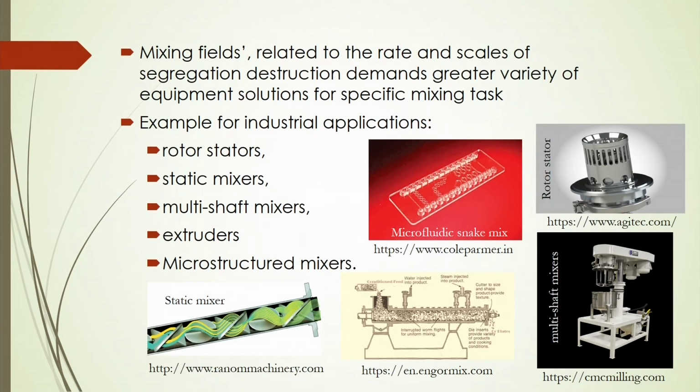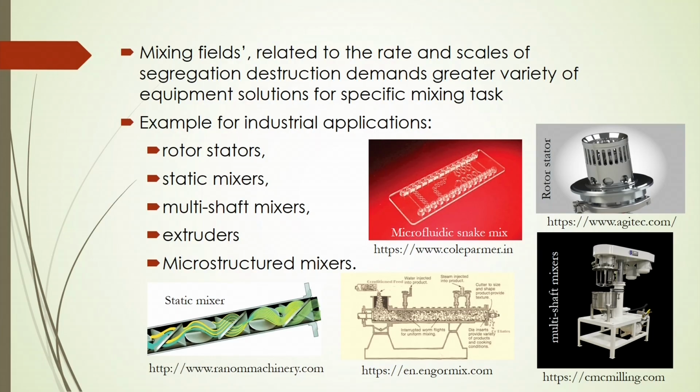Now, one important term is called mixing fields, which is related to the rate and scales of segregation. This demands a greater variety of equipment solutions for the specific mixing task. Examples for industrial applications are rotor-stator type mixing equipment, static mixers, multi-shaft mixers, extruders, and microstructure mixers.